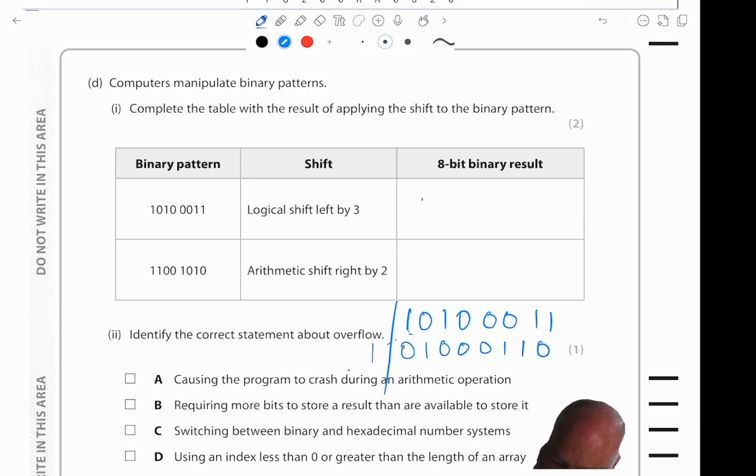So if we go again, that zero's gone over here, that one's gone over here.